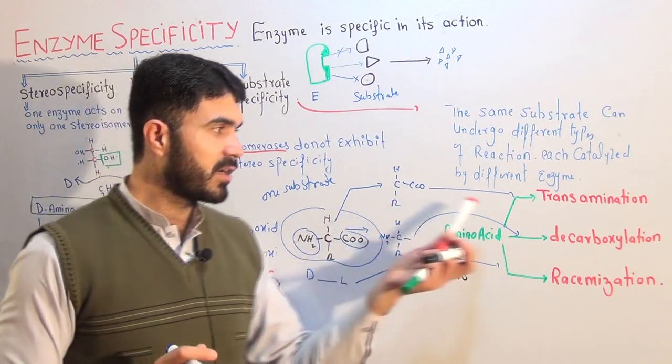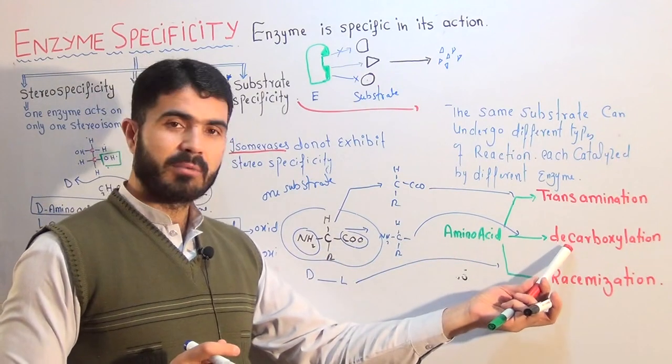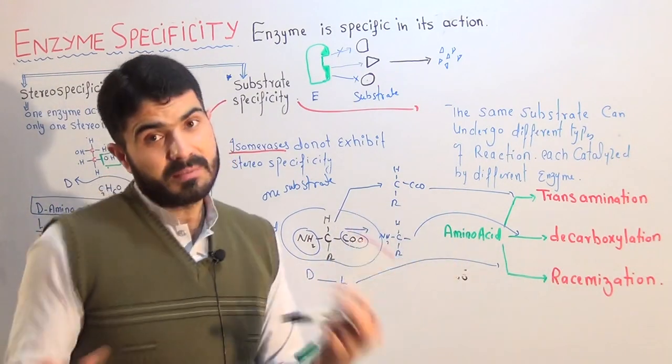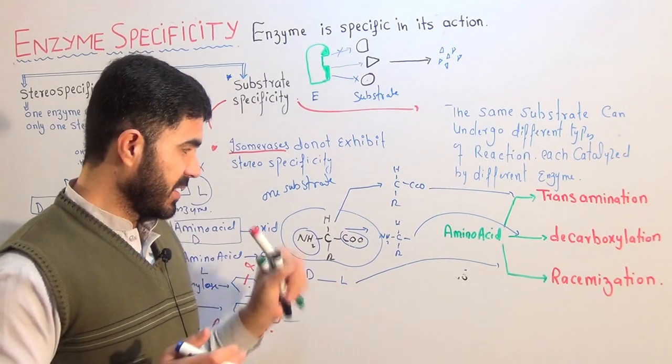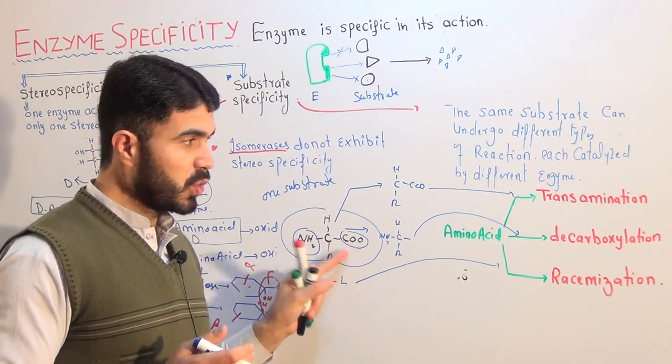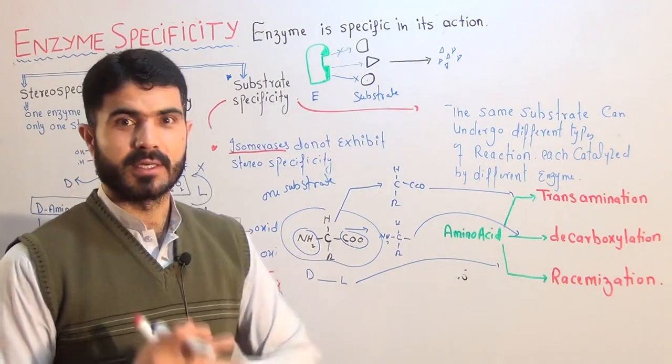This substrate can undergo transamination, the same substrate can go decarboxylation, the same substrate can go racemization. But who will decide this? Enzyme will decide.